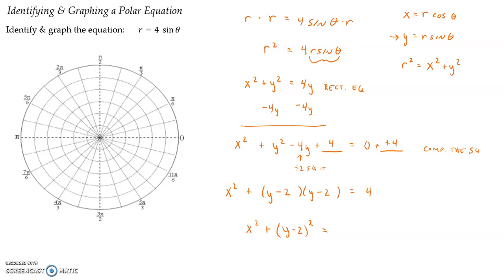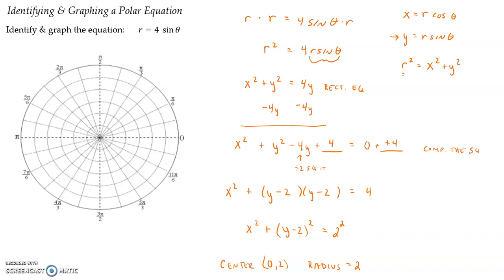And on the right-hand side, we had a 4. Keep in mind that's the same thing as our radius squared. If you want to rewrite it as 2 squared for right now, just so you can see it, that would be fine, right? So our center is going to be the point 0, 2. And this is going to have a radius of 2.